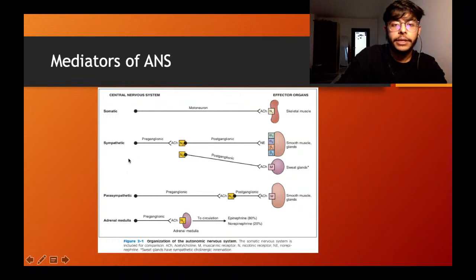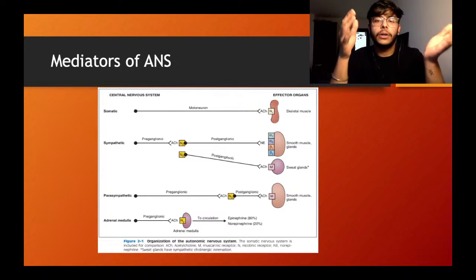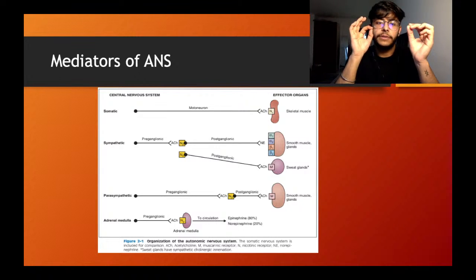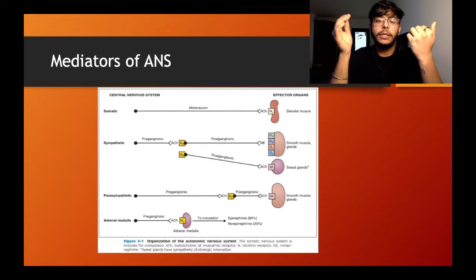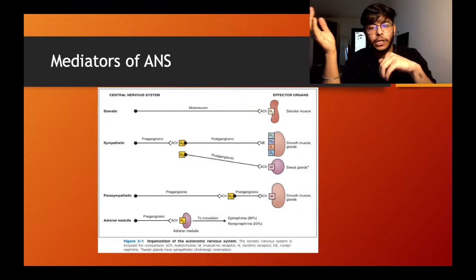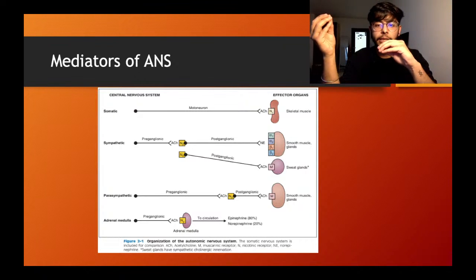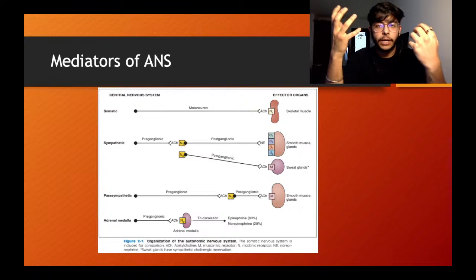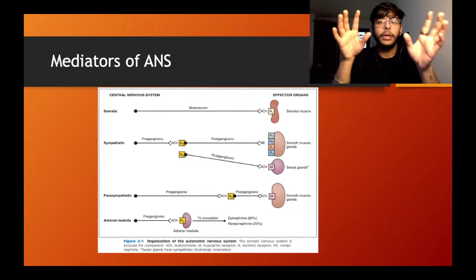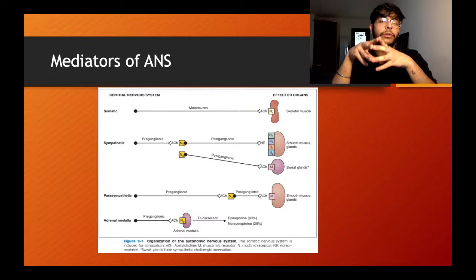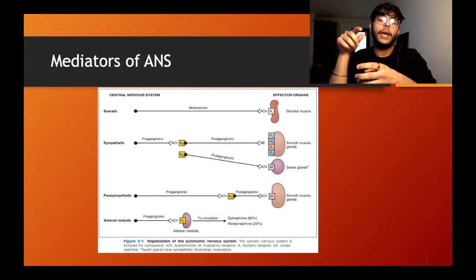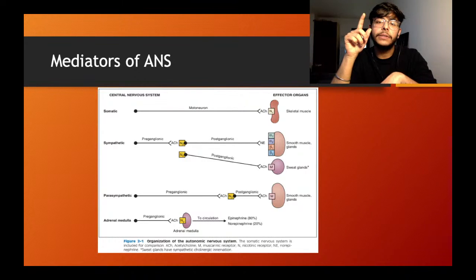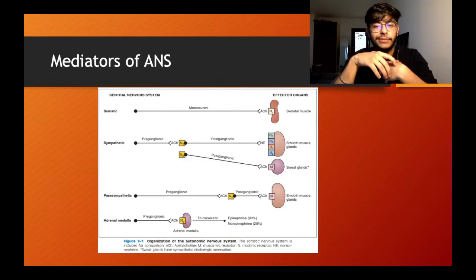Now, sympathetic has preganglionic and postganglionic, just like parasympathetic, but there's just one small difference. In the parasympathetic system, the pre- and postganglionic neurons use acetylcholine as a neurotransmitter, whereas in the sympathetic system, preganglionic still uses acetylcholine, but once it relays onto the ganglion and the postganglionic fiber extends out, those fibers are all noradrenaline specific.